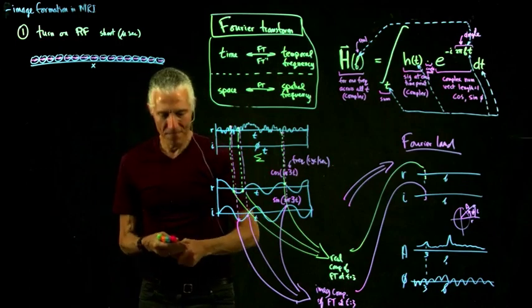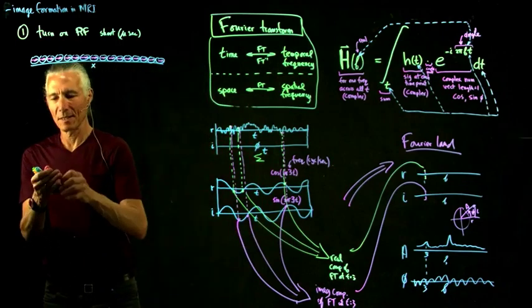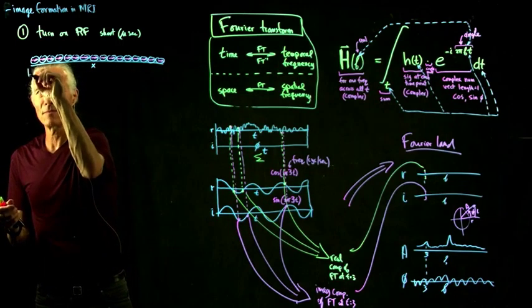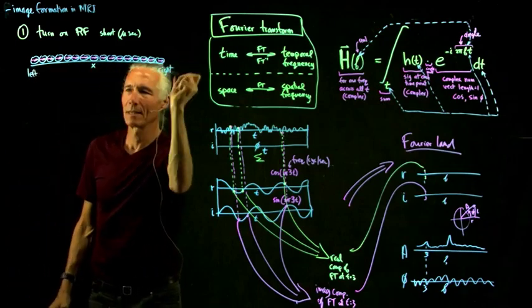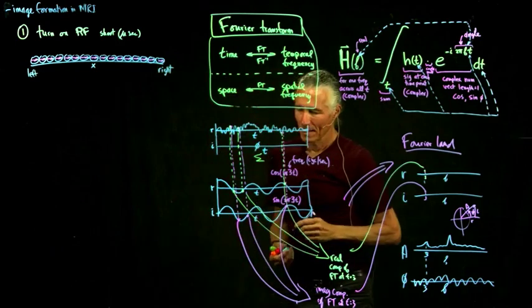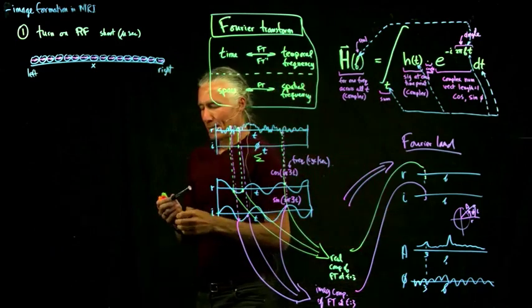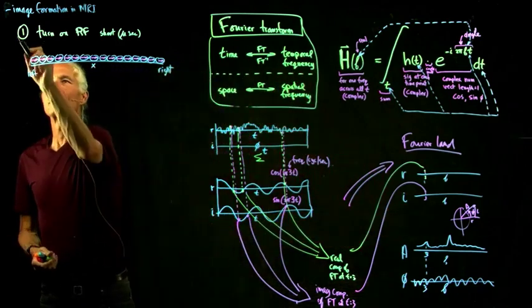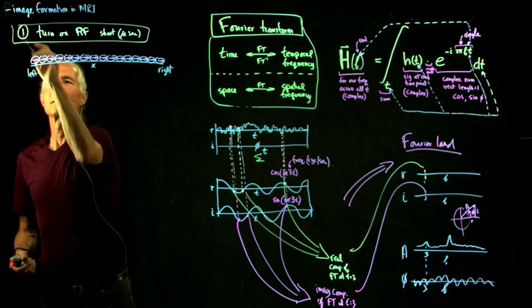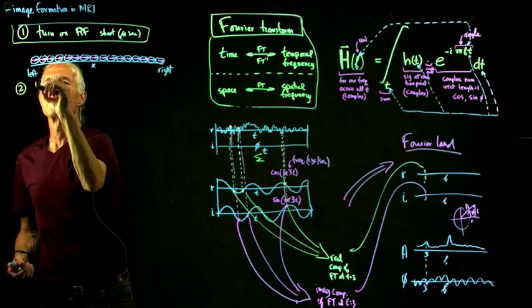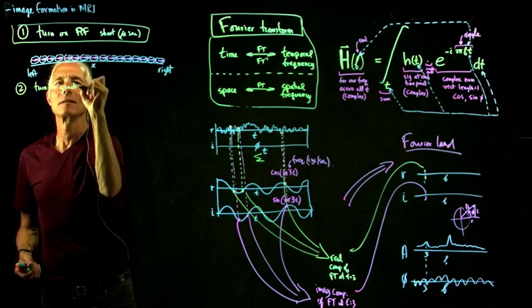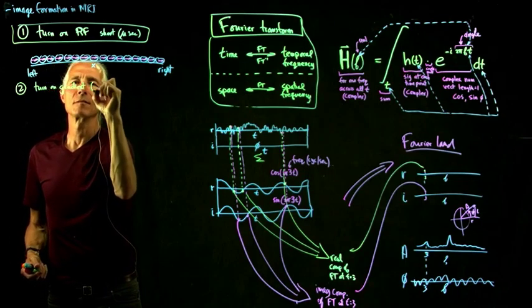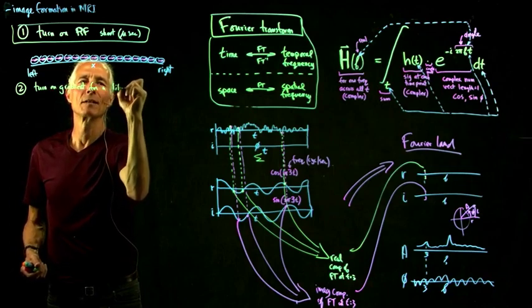Okay, so this is definitely X. So this is just left brain, this is right brain. This is actual real space. So now let's turn the gradient on for a little while. So number 2, turn on gradient, for a little while.